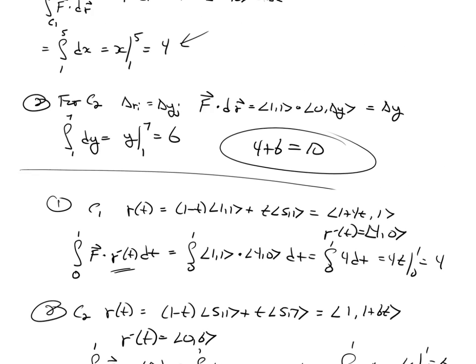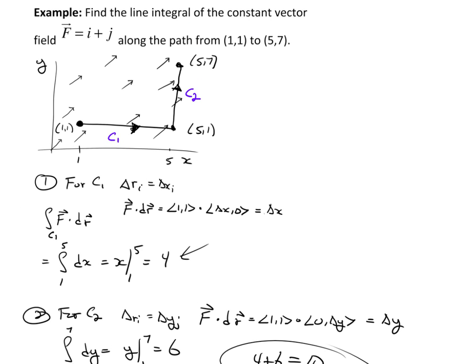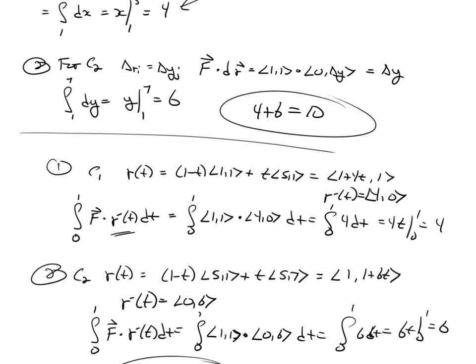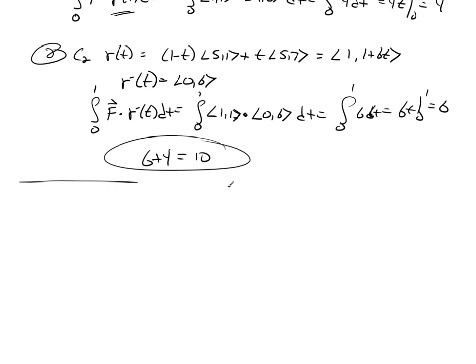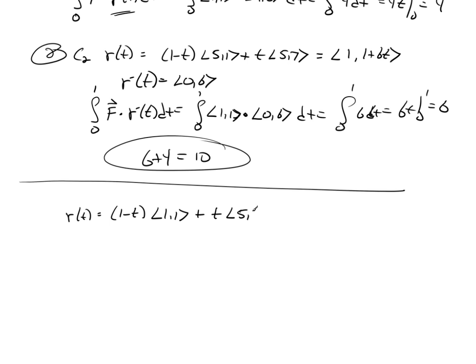But what if I change the rules a little bit, and suppose I take a direct route? Suppose I go from here directly to here. Well, let's go ahead and parameterize that line segment again. So now I'm going to have r of t equal to (1 minus t) times, see that first point is (1, 1), plus t times, and I'm going to (5, 7).